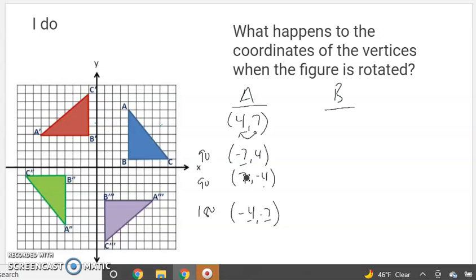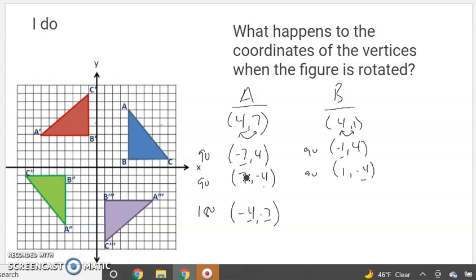Let's try it again with B. Let's see what happens. The original B is at 1, 2, 3, 4, 1. 4, 1. Let's start with the two 90-degree rotations for it. B here is at -1, +4. And in this one, it's at +1, -4. So again, same thing. In a 90-degree rotation, the coordinates flip, and one of them will change signs.